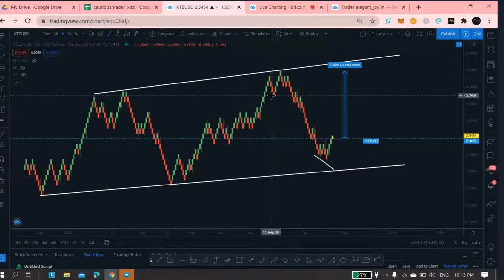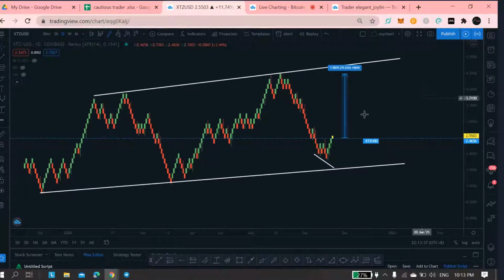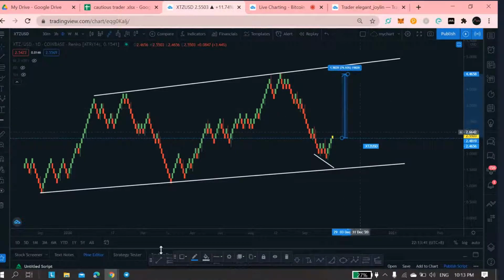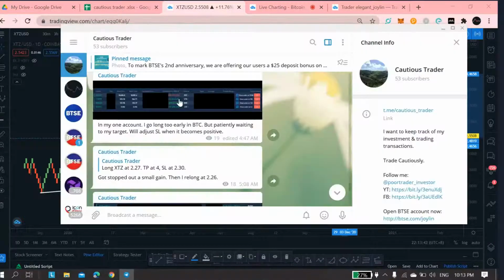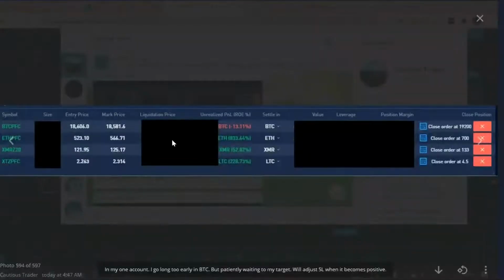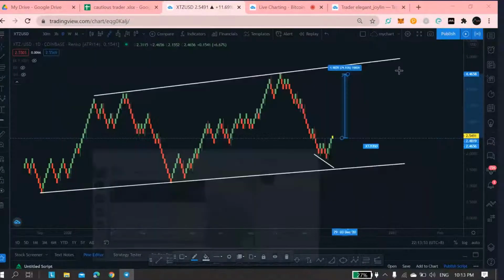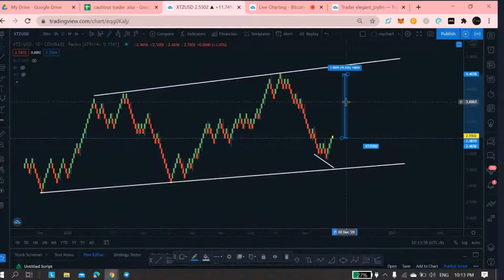Oh, but since it's an uptrend here, possibly the 4.5 will get hit. So since I'm using maximum leverage, I think it's already at positive 200%, but the mark price there is 2.31. So I think it's more than 1000 plus if I remember it correctly at this area 2.55.